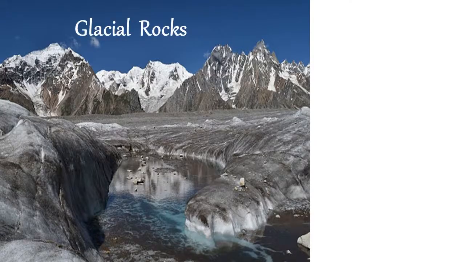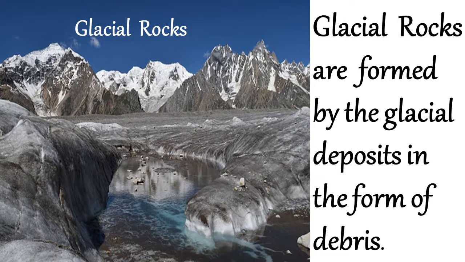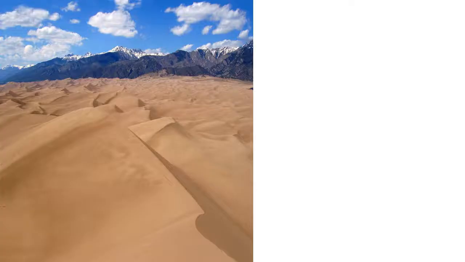Next is glacial rocks. The materials deposited by the glaciers are called glacial rocks. They are formed by the glacial deposits in the form of debris. When the glacier melts due to heat, the debris brought by it is left behind in the form of moraines, which forms glacial rocks.